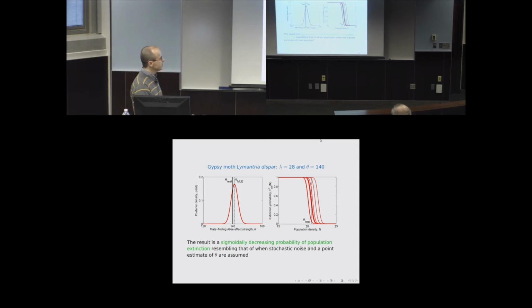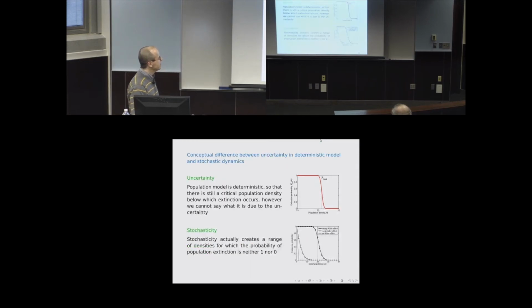So one would say that this is the same mechanism behind it, but it's not true, because one needs to distinguish the mechanisms behind these two graphs. So here, if we consider uncertainty, the population model is deterministic, so the Allee threshold is still some fixed value, but we cannot estimate it precisely, so this curve only expresses our belief in the value of this threshold.